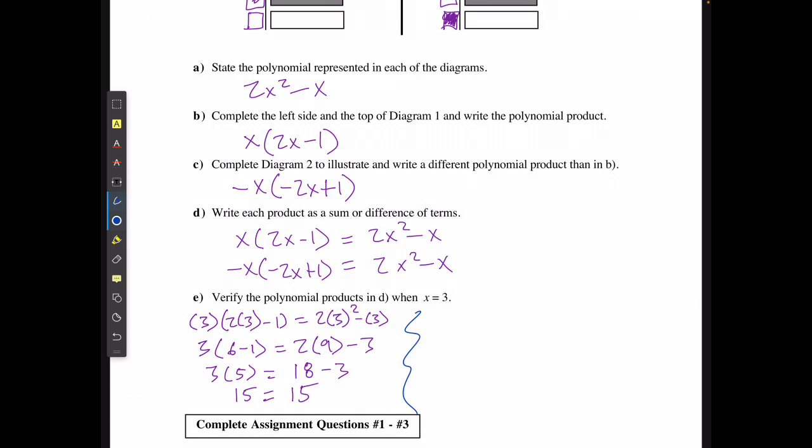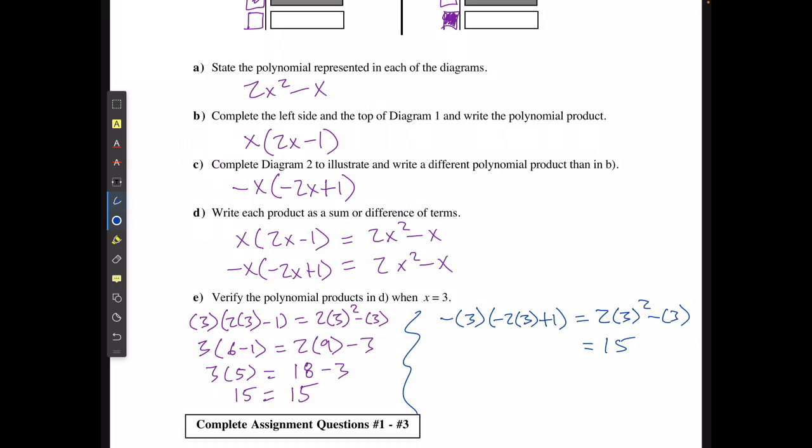If I try the other possibility we said, if I said that I had negative of 3 times negative 2 times 3 plus 1, does that in fact equal 2 times 3 squared minus 3? We already know that this side is going to wind up equaling 15.